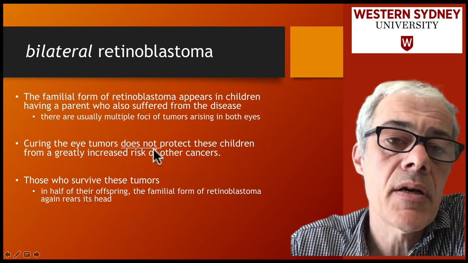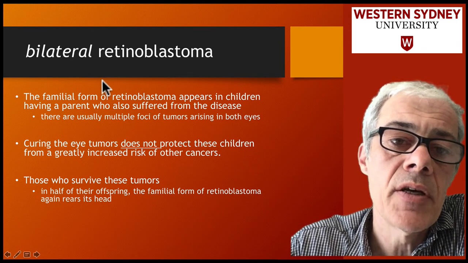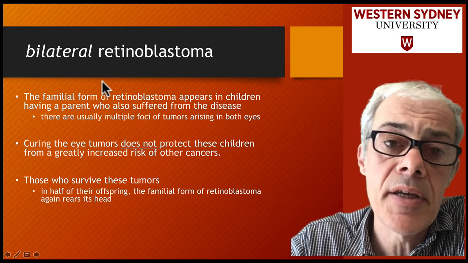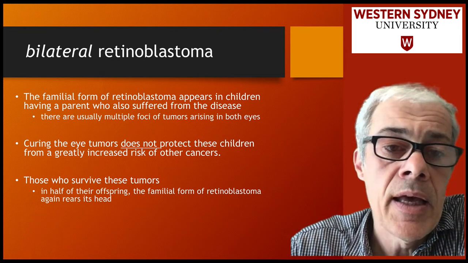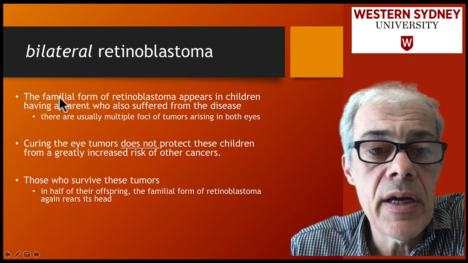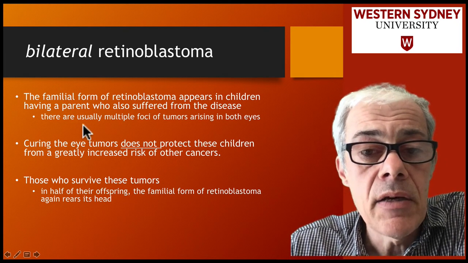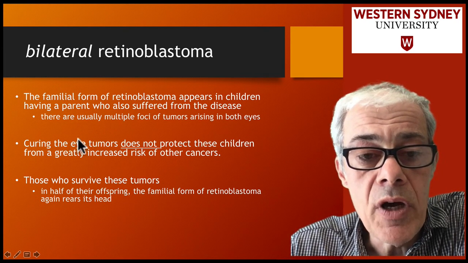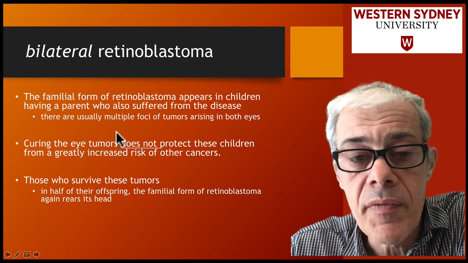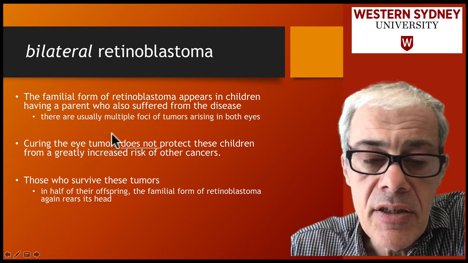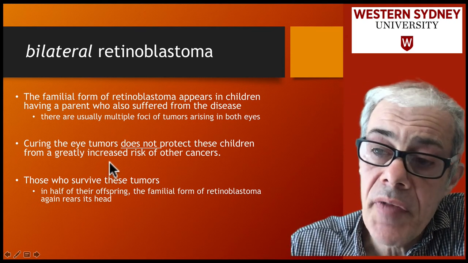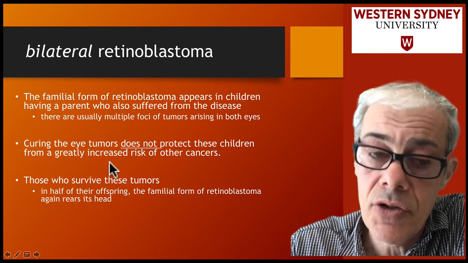Now we have another case of retinoblastoma. Newborn infants have this cancer in both eyes, and there's a family history of it. Even if you cure the tumor of the eye, it does not reduce the risk of that individual having other tumors.